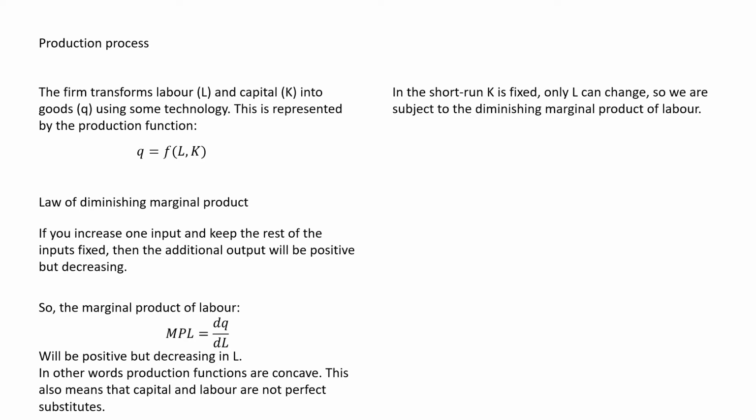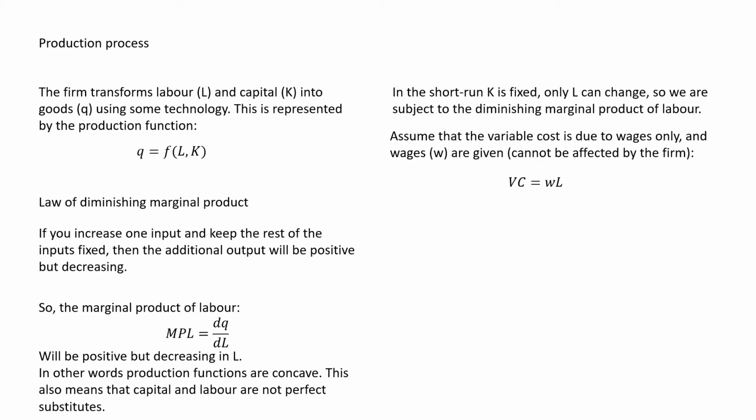Assuming that in the short run the capital stock is fixed and we can only change the number of laborers, that is L, therefore we are going to observe the diminishing marginal product of labor in the short run. Let us assume that all the variable costs are just simply due to the wages you pay to your laborers.